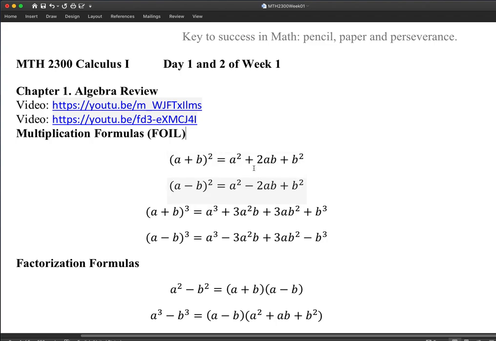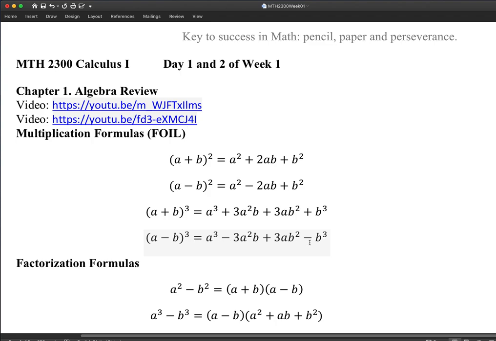The third and fourth formulas are equivalent too. The third is the cube of a sum, which can be expanded into those four terms. The last one is the cube of a difference. Still, there are four terms.